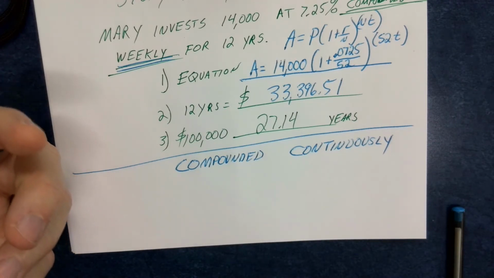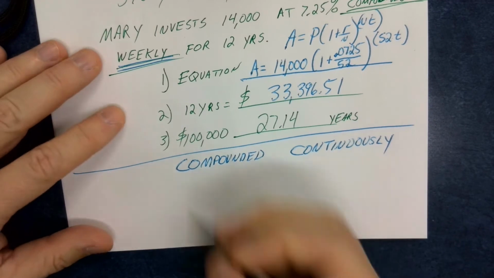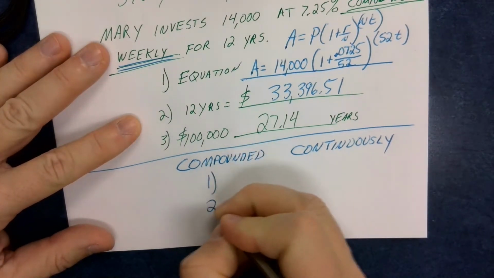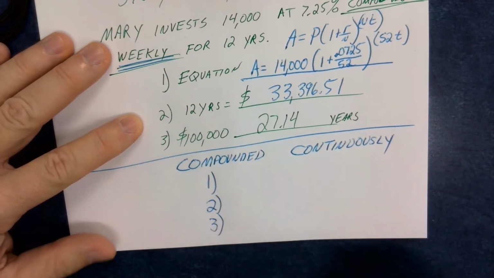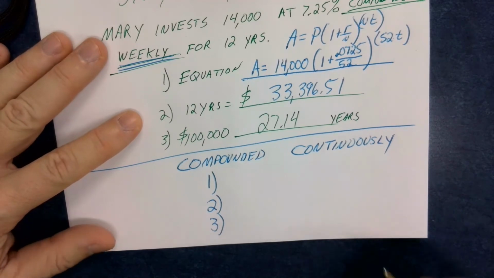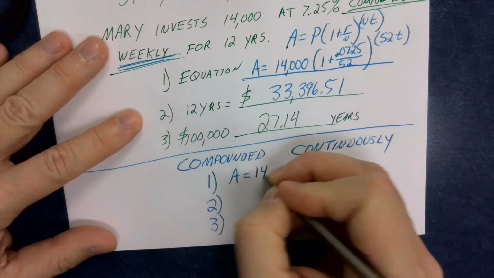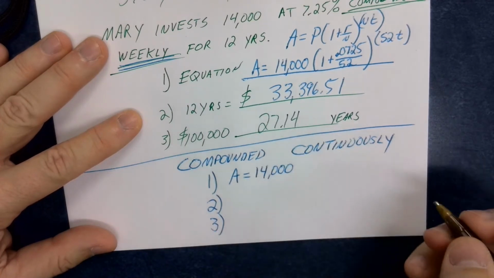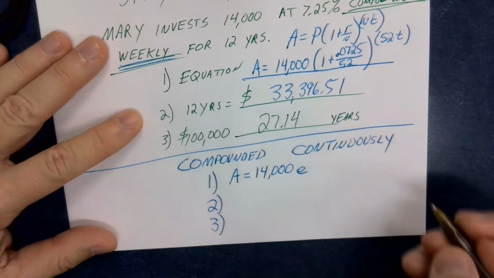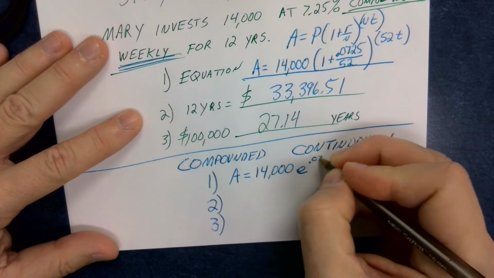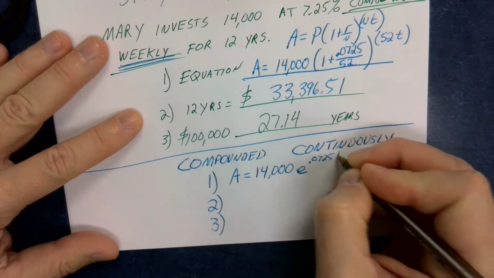That fast, right? Which means, here's my things again. A equals 14,000 E to the 0.0725 t.